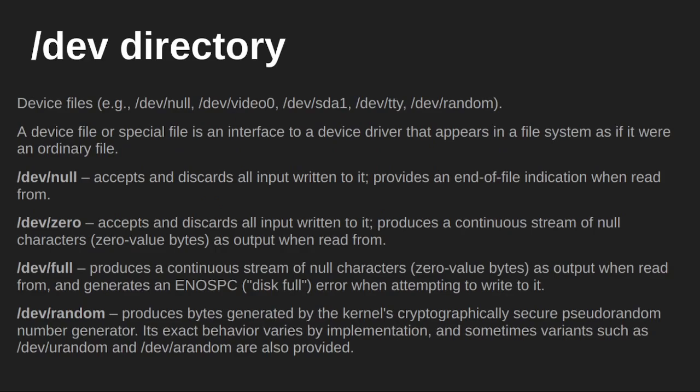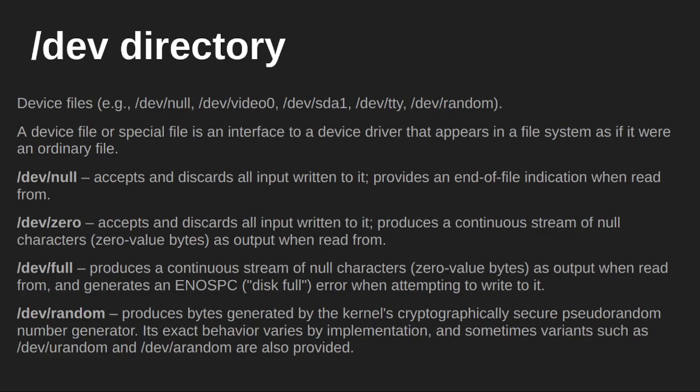The dev directory. Dev is an abbreviation for device. Device file examples would be dev null, dev video 0, dev sda1, dev tty, dev random. The dev video 0 can be the device file for the camera of your system or your computer.